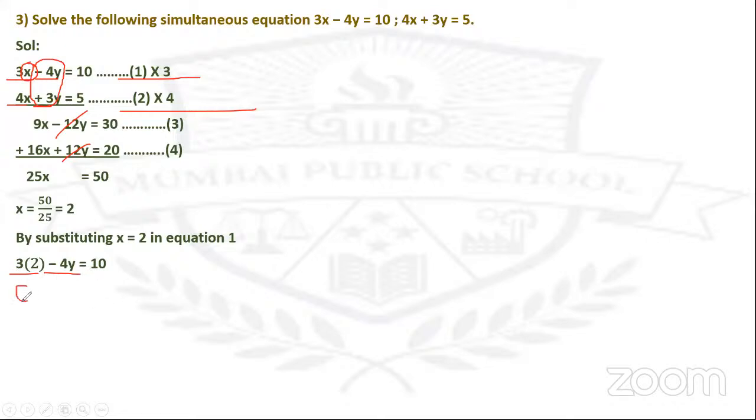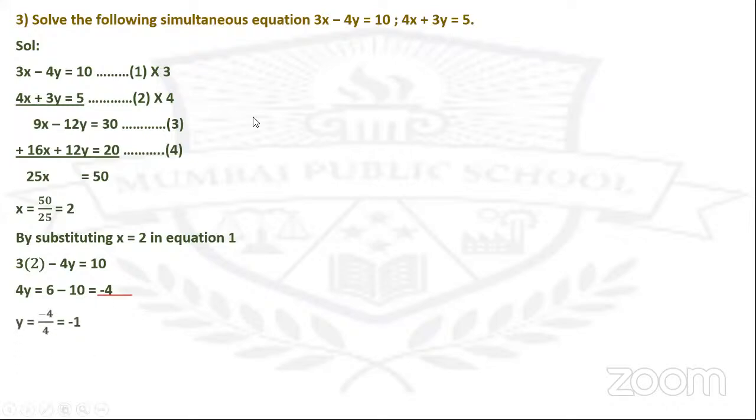So 3 into 2 is 6 minus 4y equals 10. Reshuffle the terms, you'll get 4y equals 6 minus 10. So that is equal to what? Minus 4. So y equals what? y is minus 4 upon 4, which is equal to minus 1.